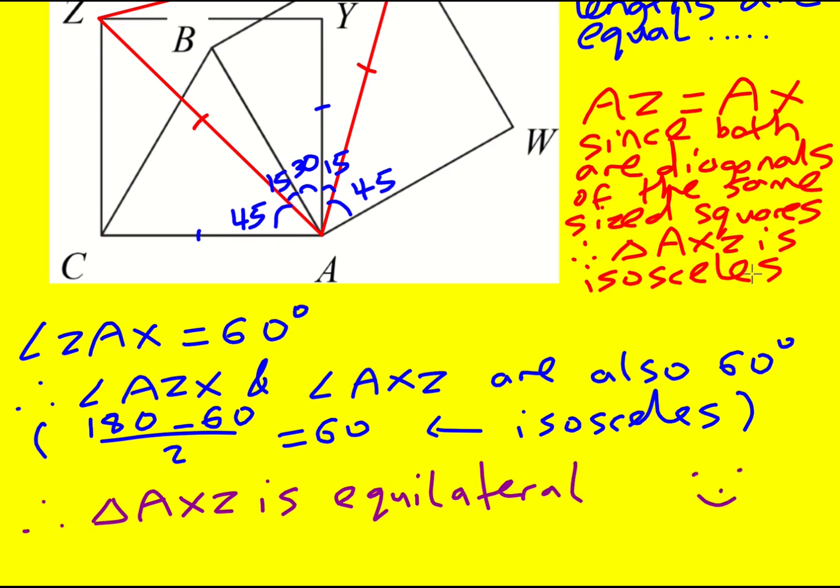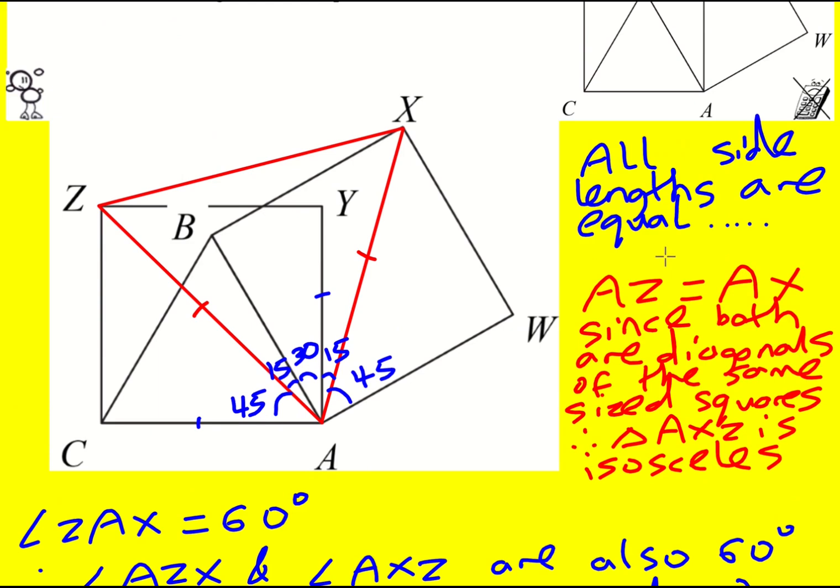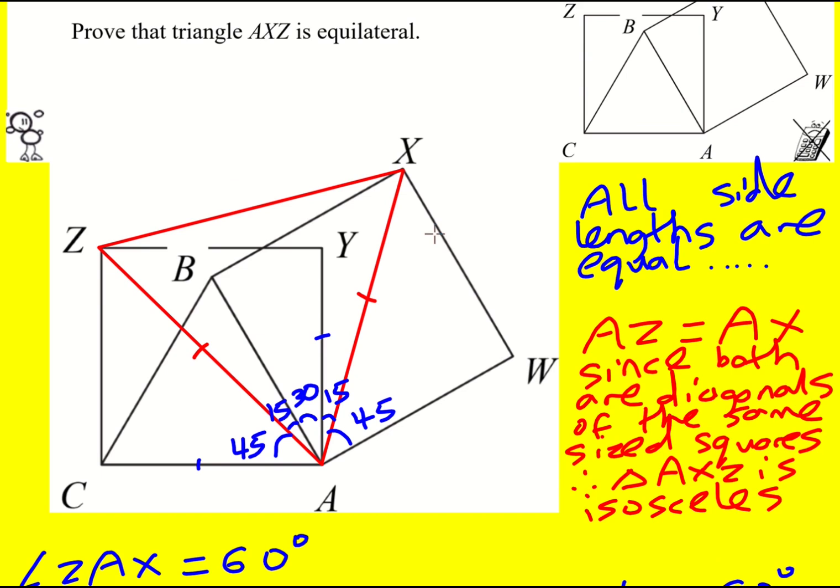Now, when I did this question, I didn't actually spot the diagonal bit, and so I went down a slightly different path. It's a longer path, but I just wanted to talk about it. I can put 90 degrees here and 90 degrees here, and then I've got this four-sided shape, quite a kite.